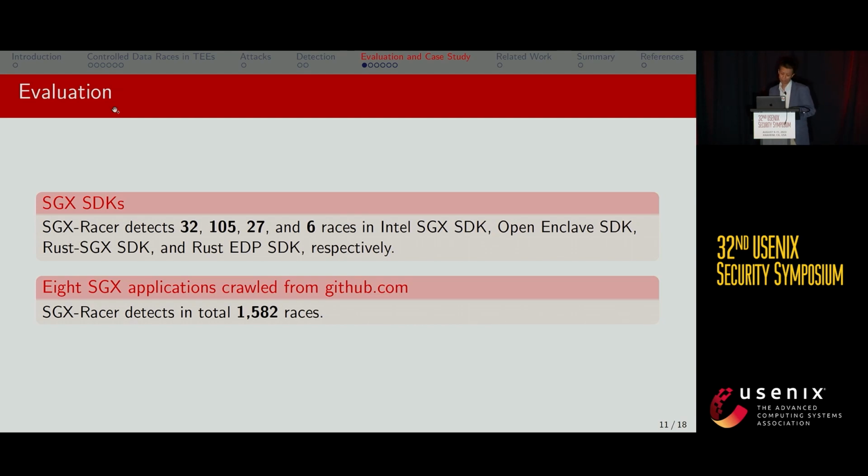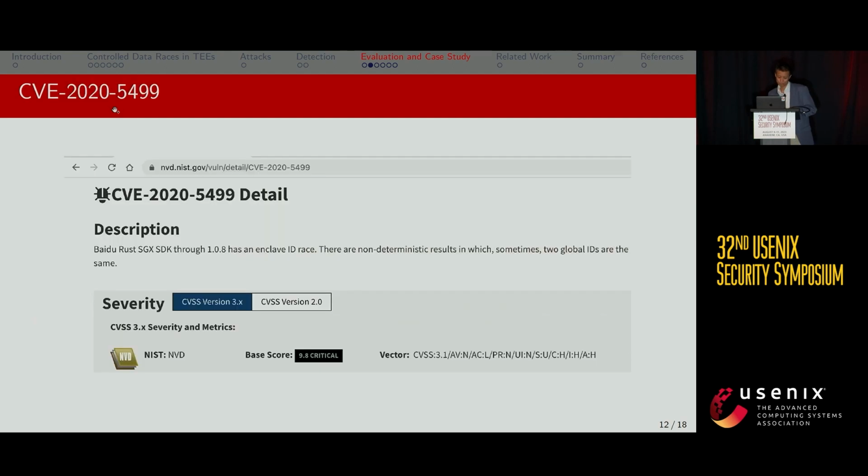And for the evaluation, we evaluate our detector on 4 SGX SDKs, and we detect about 100 data races. For SGX applications, we evaluate 8 applications and we detect about 1,500 data races. And there are some interesting cases.